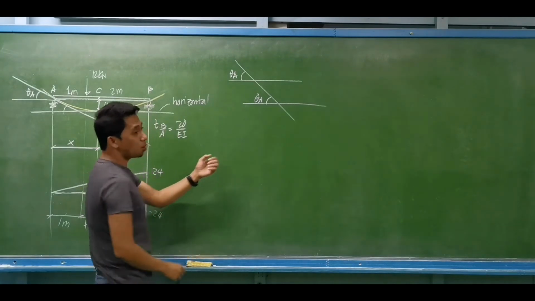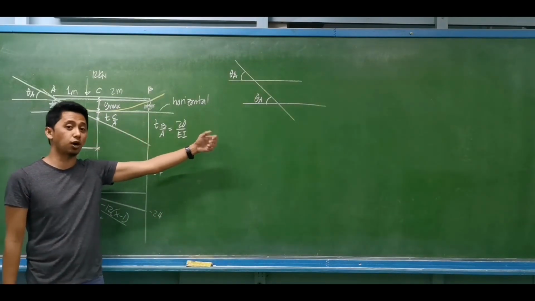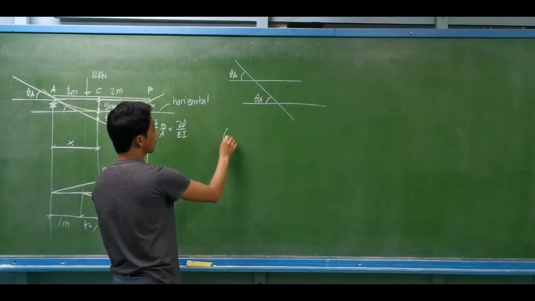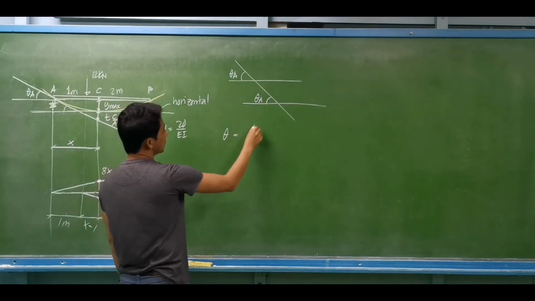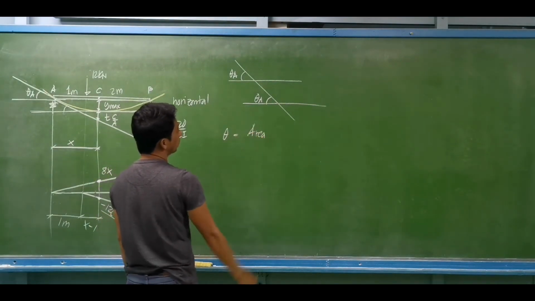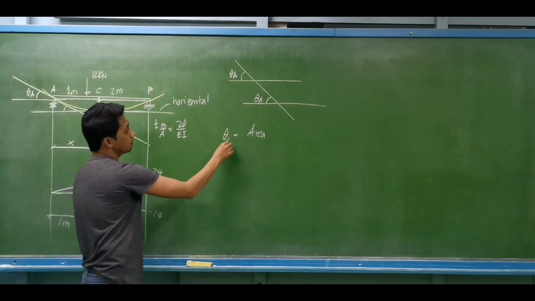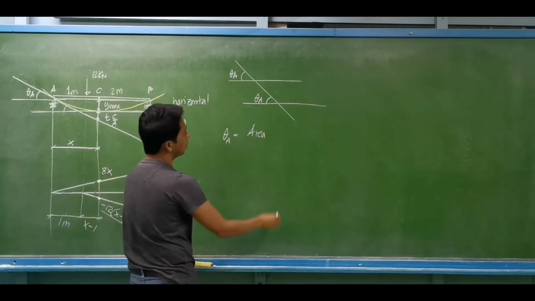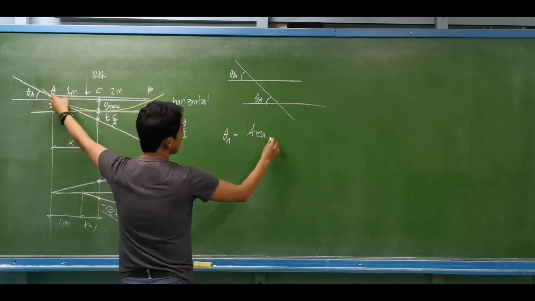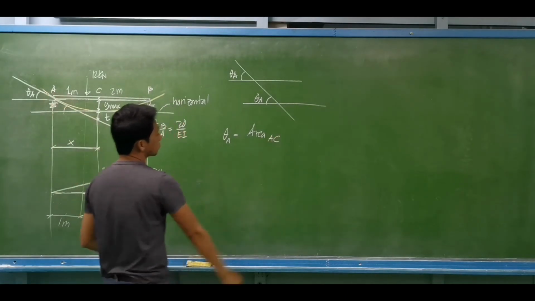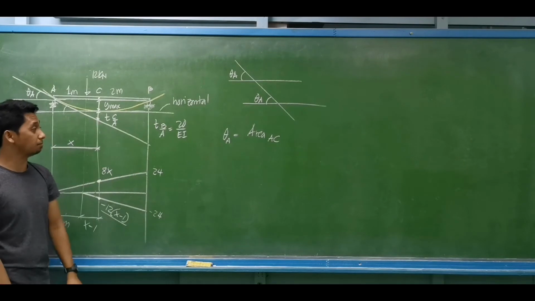So here in area moment method, what is the equivalent of theta, or the slope, or the change in slope? Slope is basically equal to the area of the moment diagram. So this theta of A is the same as the area of the moment diagram from A to C. So let us compute for that value.